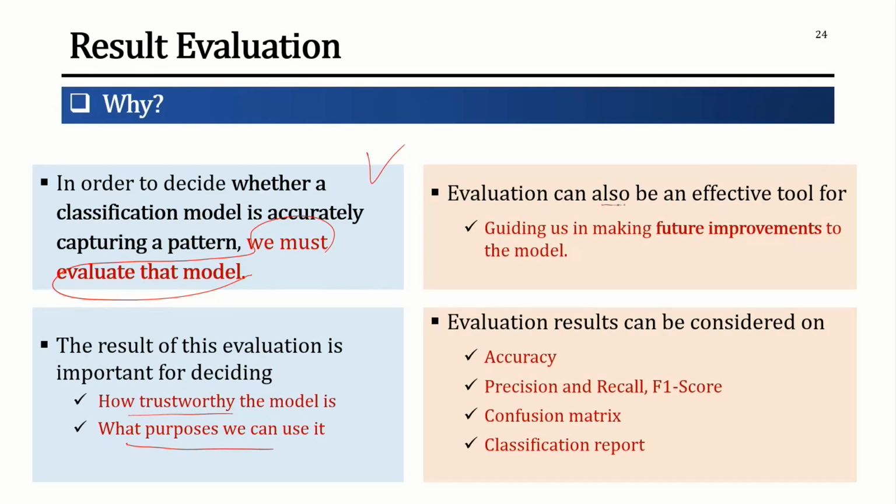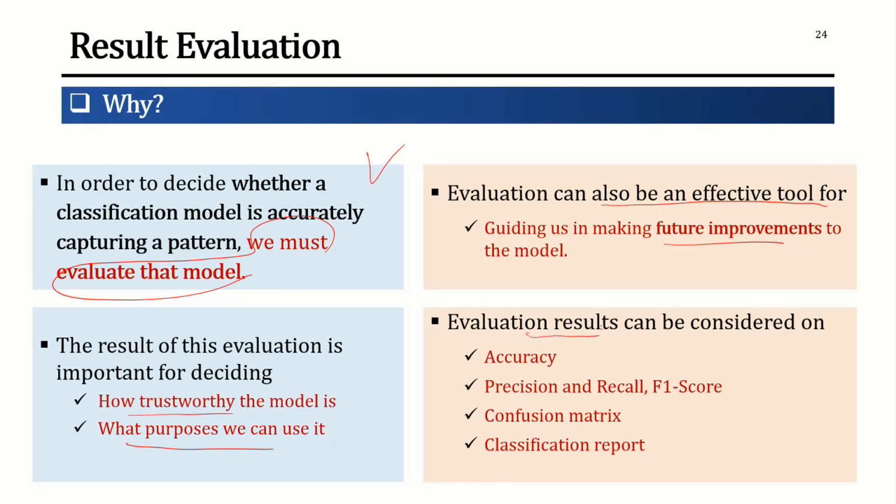Evaluation can also be an effective tool for helping us make future improvements to our model. Once we find out that there are some faults or unexpected errors happening in our experiments, we can try to improve them in the future experiments as well. This can be collected from the evaluation part.